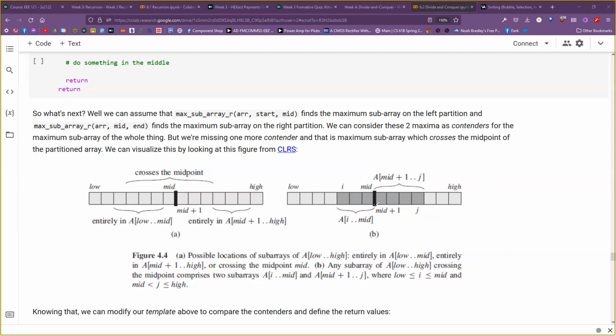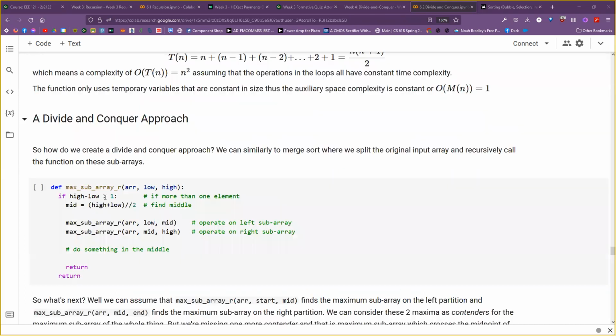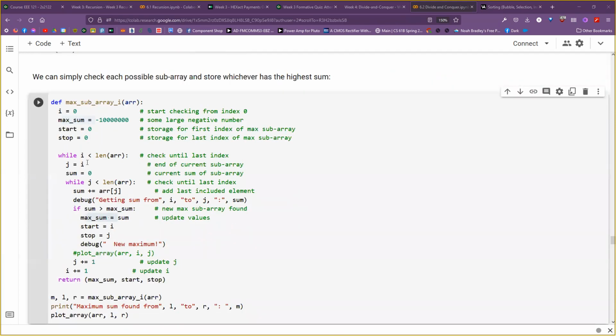Kasi alam mo na kasama yung element na to, pwede tayong mag-extend lang na mag-extend dito hanggang makuha yung maximum sum. So, dito kasi, dun sa original na n-squared na approach, hindi mo alam saan mag-start, saan mag-end. So, lahat ng possible start, lahat ng possible end, kailangan check.